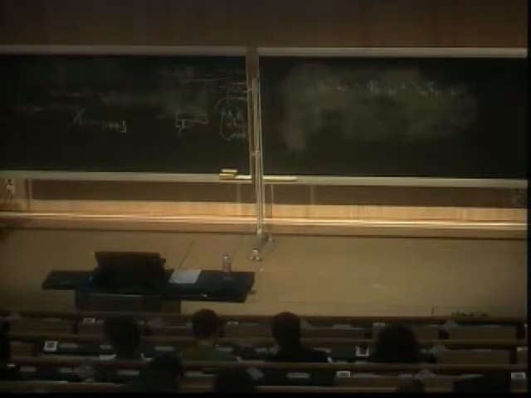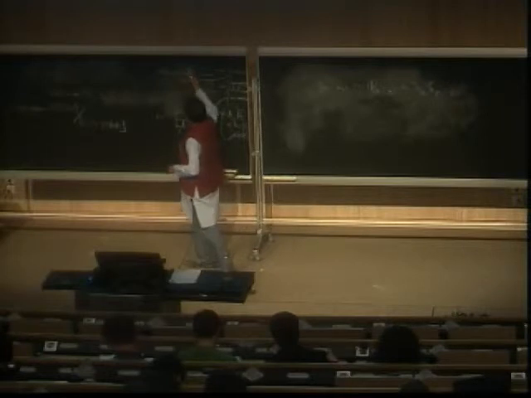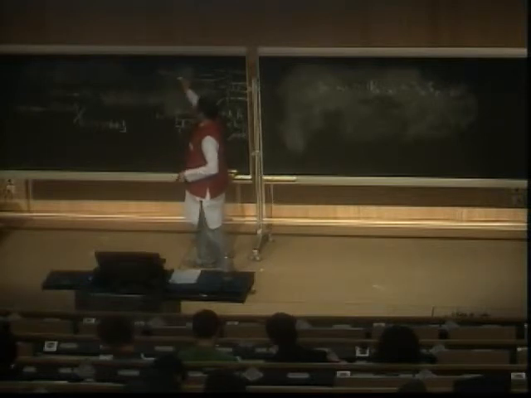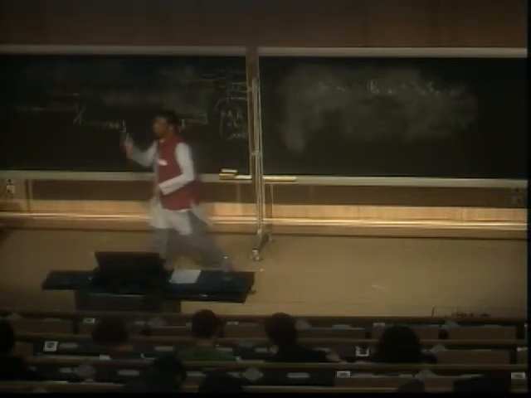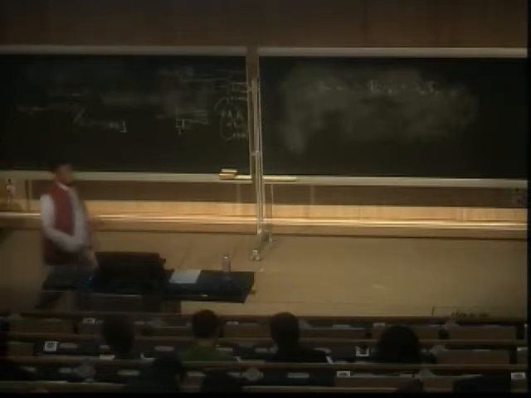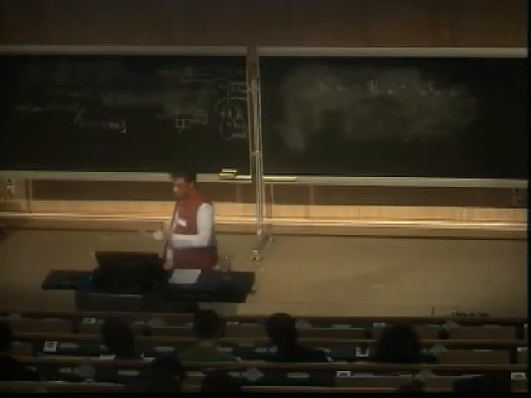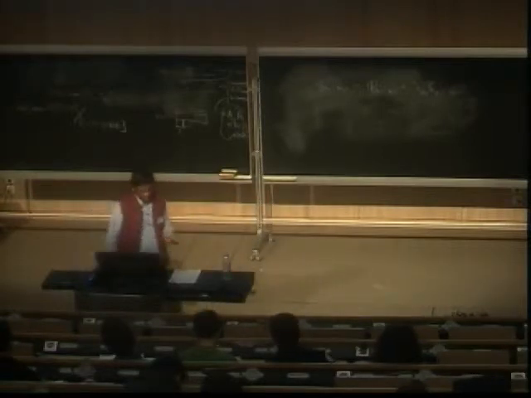I'm sorry? Only if, yes, only if lambda is equal to n. So the scalar field will have a mass which is n squared minus 1, a very specific value of the mass. Any other questions? Okay, so that's the important thing about the three-dimensional Vasiliev theories.